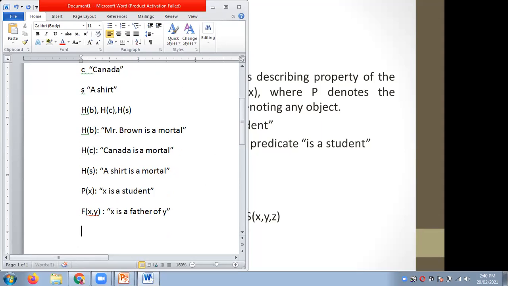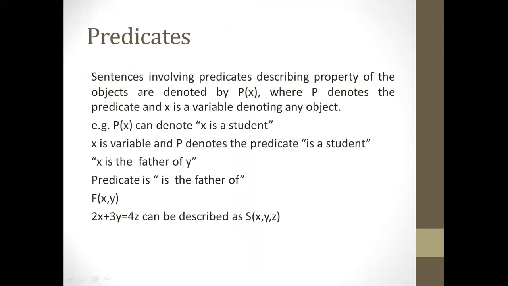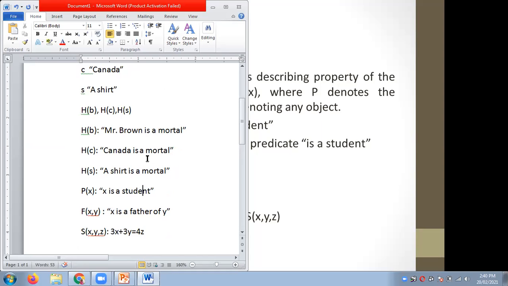Last is S of x comma y comma z, which denotes that 2x plus 3y is equal to 4z. So these are the predicates we have described till now. This is how you write a predicate: a capital letter followed by small case variables within brackets, and the variable's value should be put into the statement.